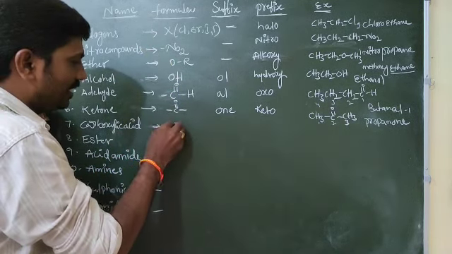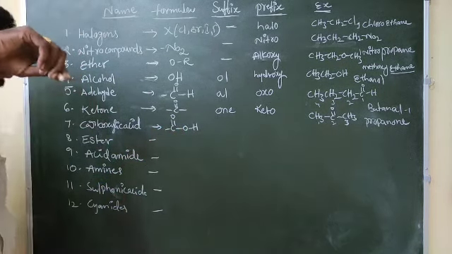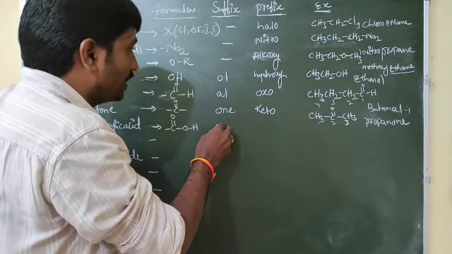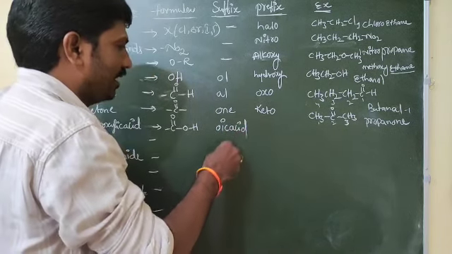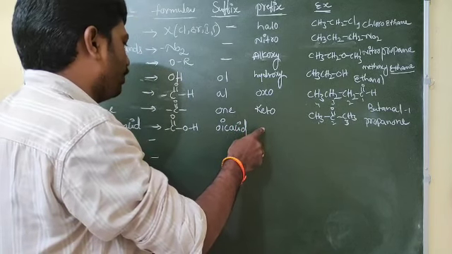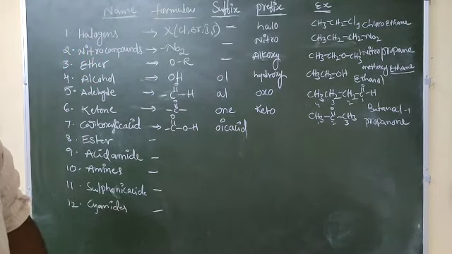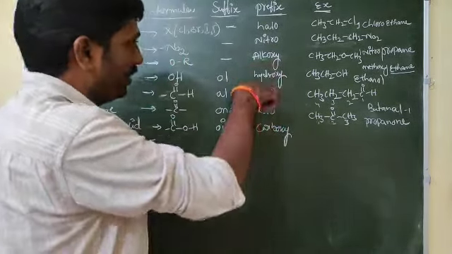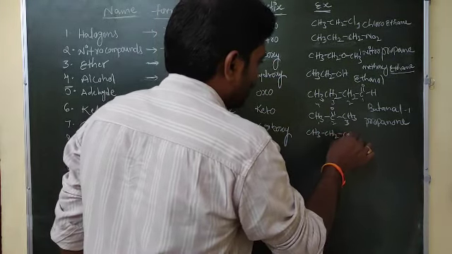Next, carboxylic acid, C double bond O H. This is the carboxylic acid functional group formula. The suffix is oic acid. If it is a prefix, it is carboxy. Example, CH3 CH2 COOH.